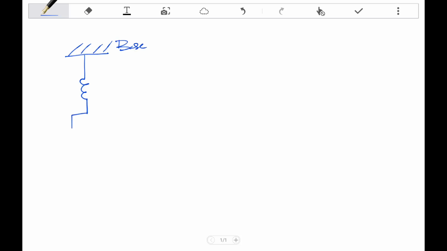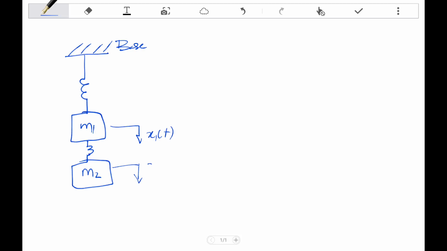That's the wall, and there's mass 1, and that's mass 2, basically. And sorry, there's a spring here. Now, this is the direction of motion.